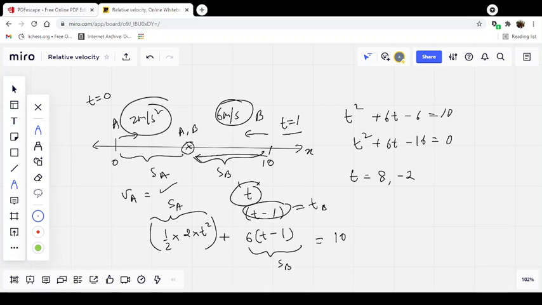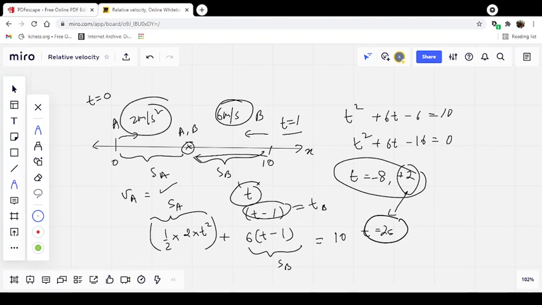So I think the time here should be minus 8 and plus 2 seconds, right? Because in 2 seconds it would travel 4 meters and in 1 second it would travel 1 meter. So this should be our time, that is t equal to 2 seconds.